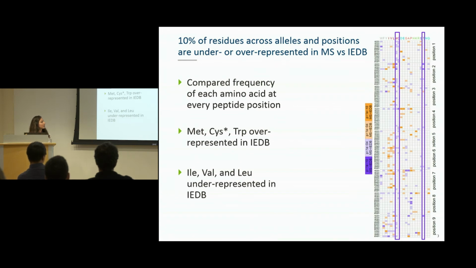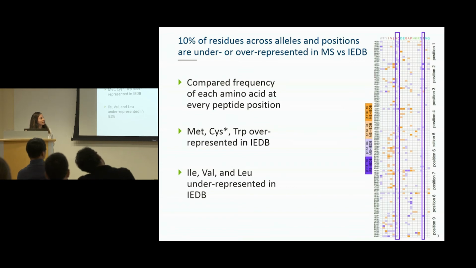So here is a bird's eye view comparing the frequency of amino acids. These are in columns for every amino acid, with every allele in the rows, and then across every position of 9-mer peptides. So these are these horizontal blocks for position 1, position 2, and so on to position 9. The cells that are colored in scales of blue correspond to residues that would be enriched in the IEDB database as compared to mass spec.